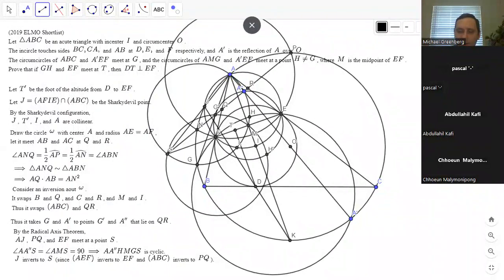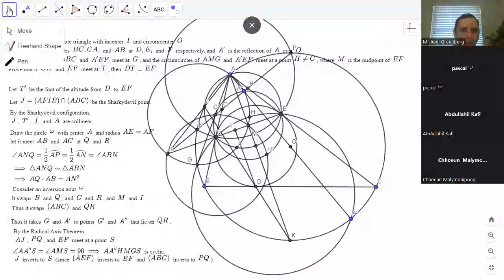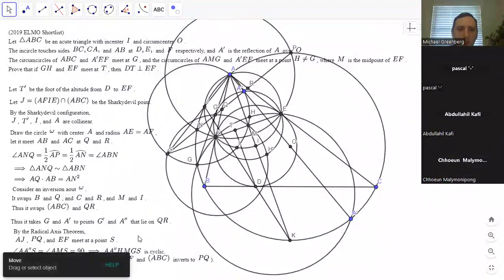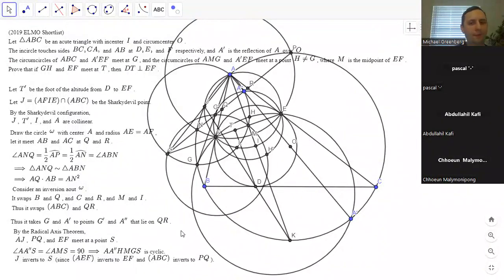And let's see, is it obvious that that is cyclic?